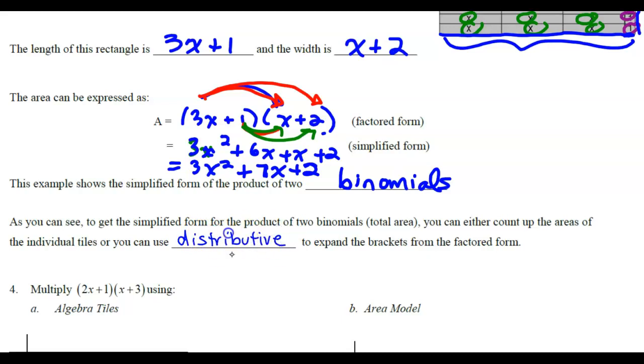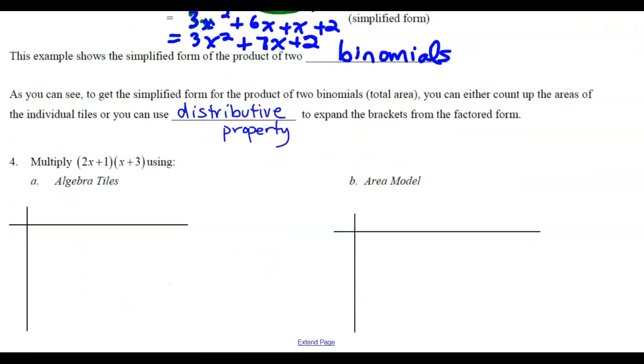Okay, so what would you do for the algebra tiles? It says multiply 2x plus 1 times x plus 3 using algebra tiles, and then the area model. So really, area model I tend to use more, okay, because it's a little bit easier than separating. So I'm going to do that one first.